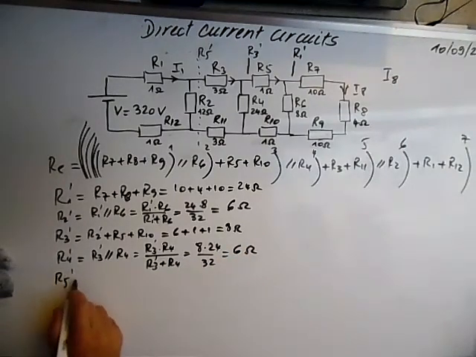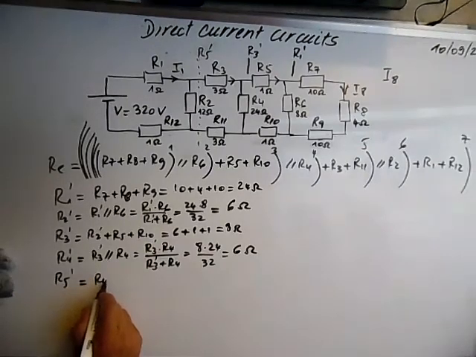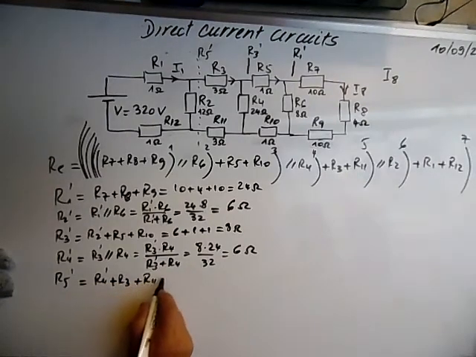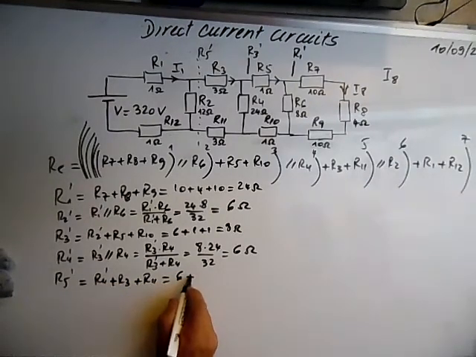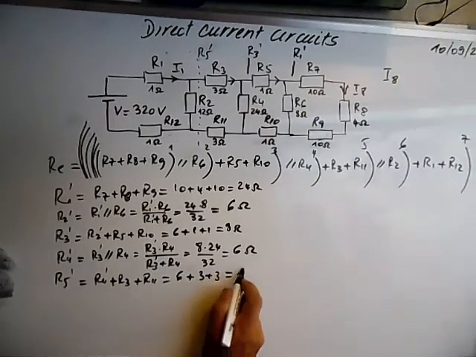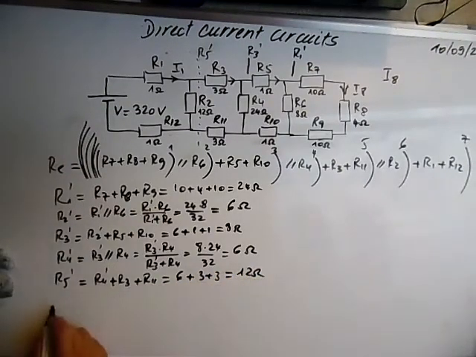R5 prime now. This is R4 prime plus R3 plus R11, and this is 6 plus 3 plus 3, and this is 12 ohms.